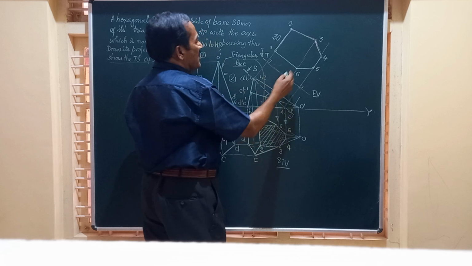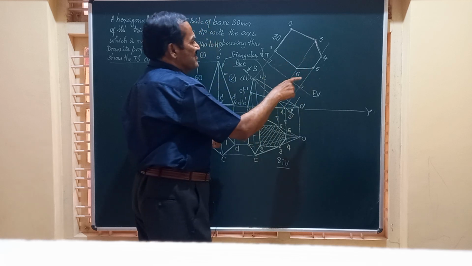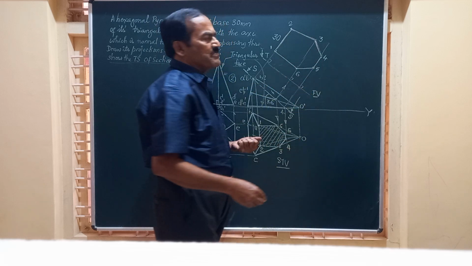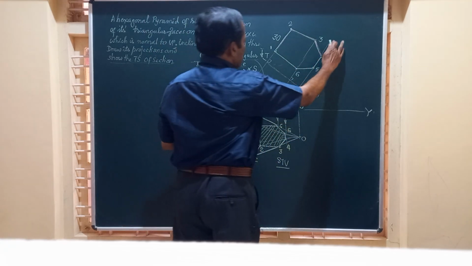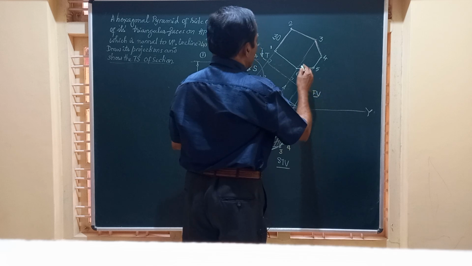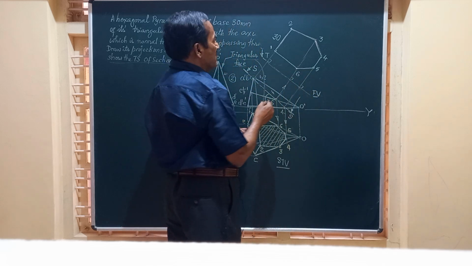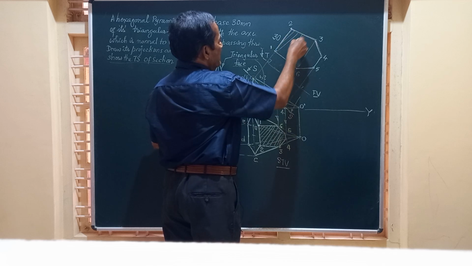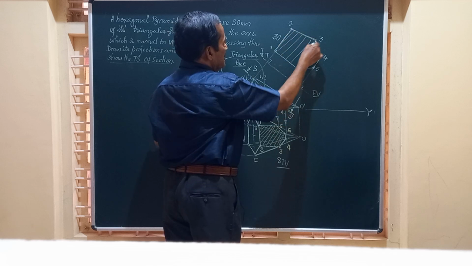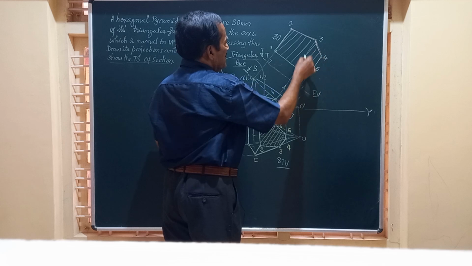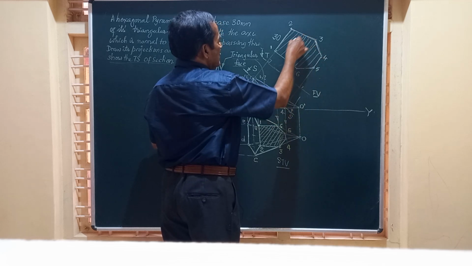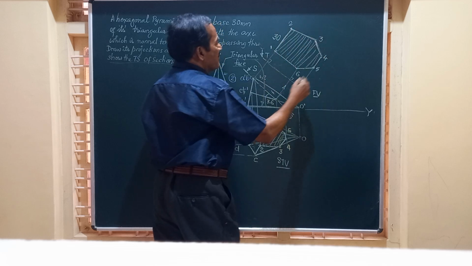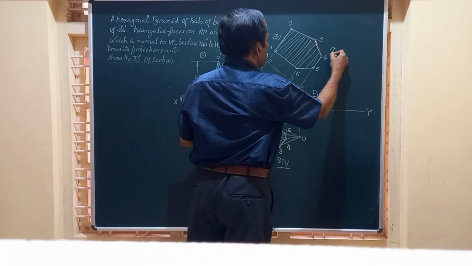Now friends, 1, 2, 3, 4, 5, 6 represent the true shape of the section. And as per the convention, we have to section these by drawing lines at 45 degrees to the horizontal. So we have got these lines equispaced, and this complete figure is called TS.